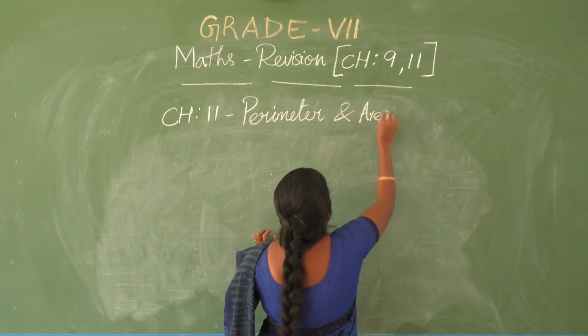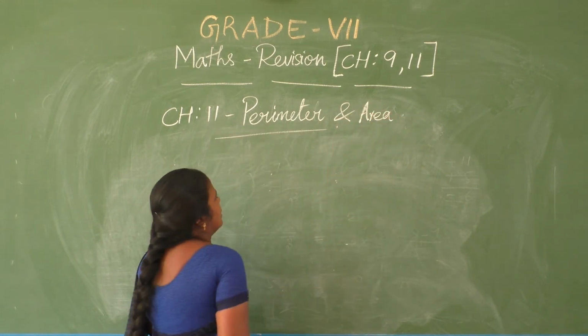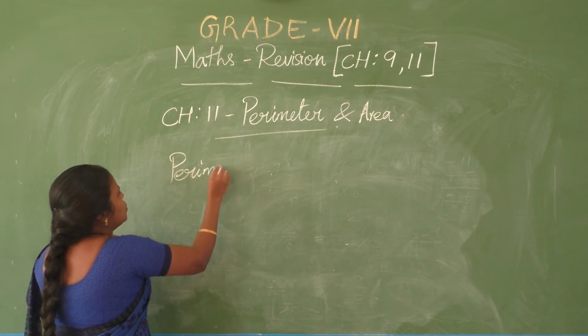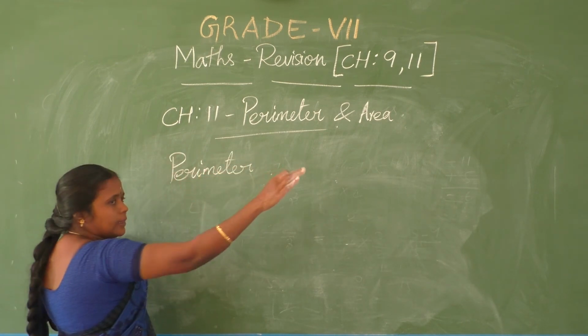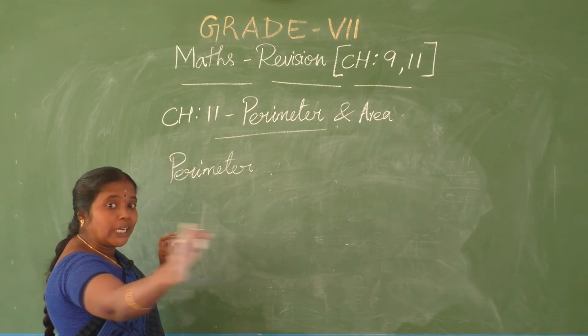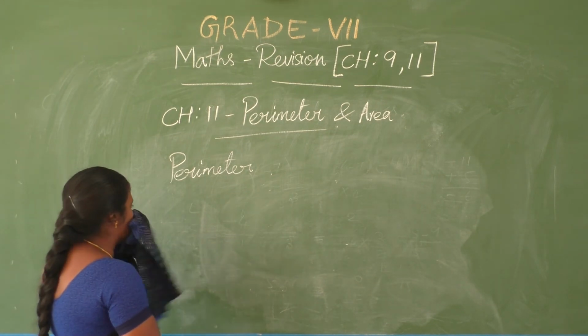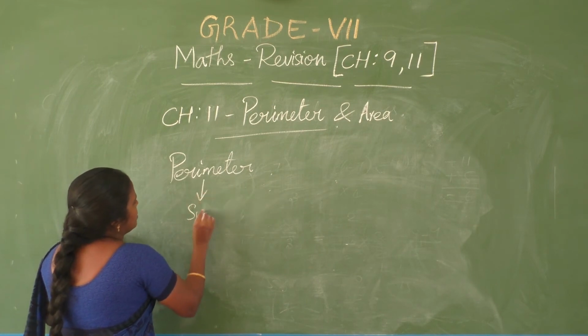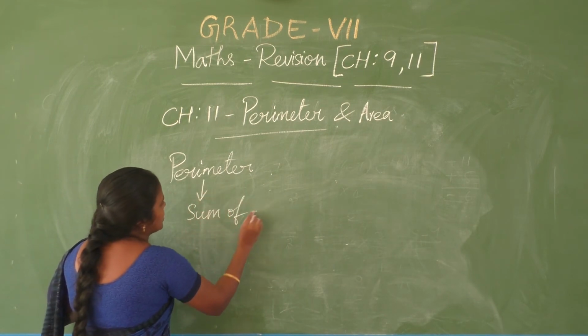Perimeter and area. See, perimeter means the outer length of the figure, the outer surrounding length of the object. Simply, sum of all the sides.